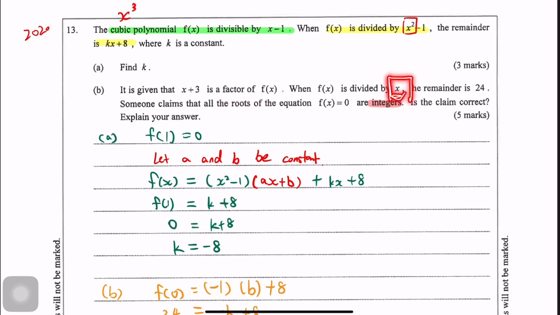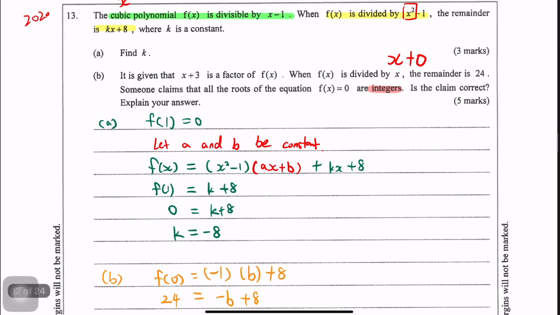What does it mean, divided by x? Usually it presents in this format, right? So when we divide by x, it actually means x plus 0. So when you substitute x equals 0, the remainder is 24. This one is not obvious, but you need to find it out.